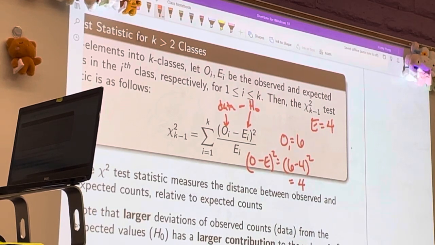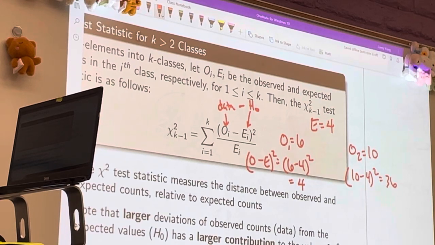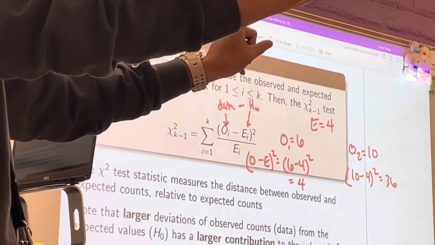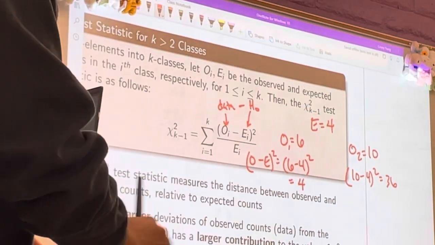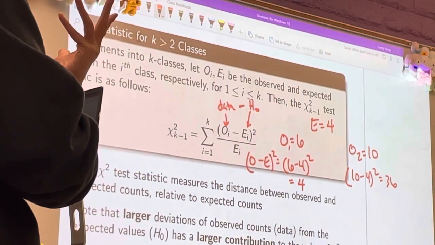But then notice if I have an observed count that's even further away from expected. Let's say I had 10. Then that's going to be 10 minus 4 squared, which is 36. That contributes a bigger value to my sum. So the bigger the departure of my observed from my expected, the bigger the values contributed to my chi-square value.